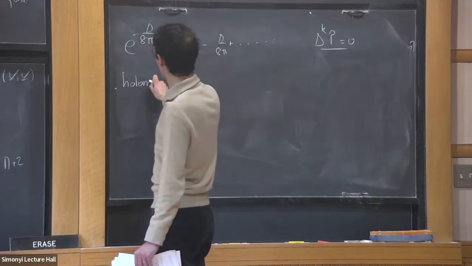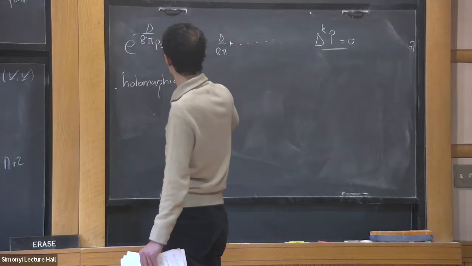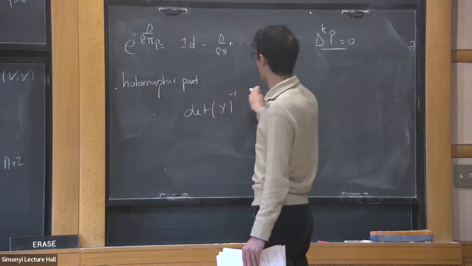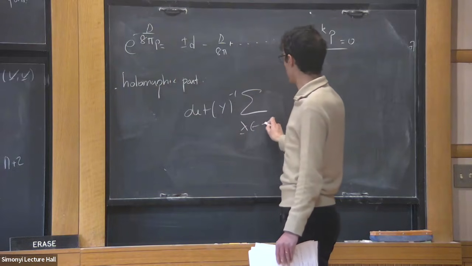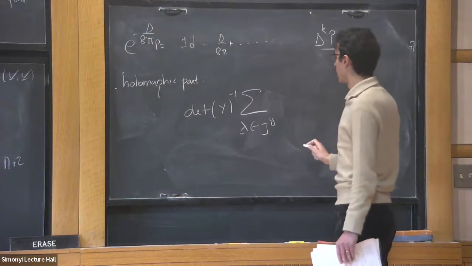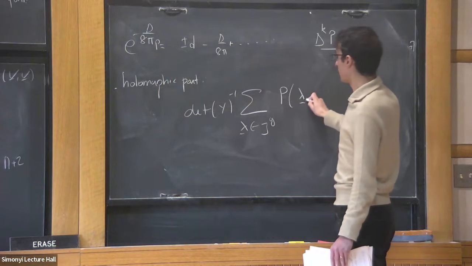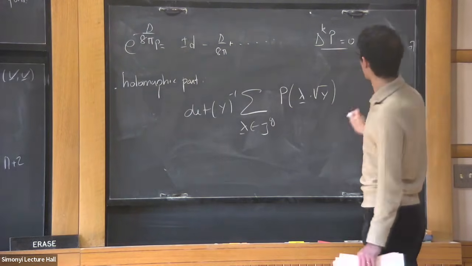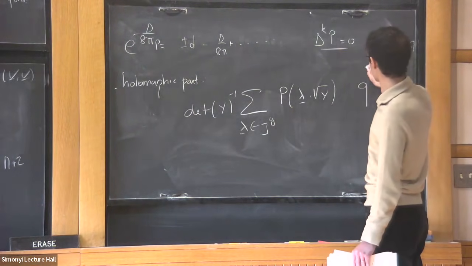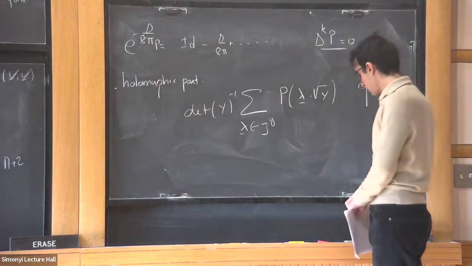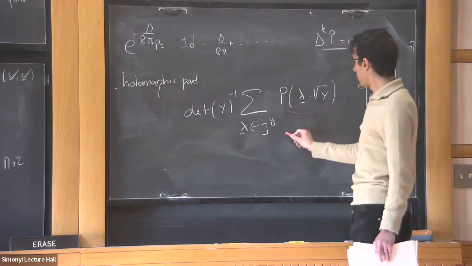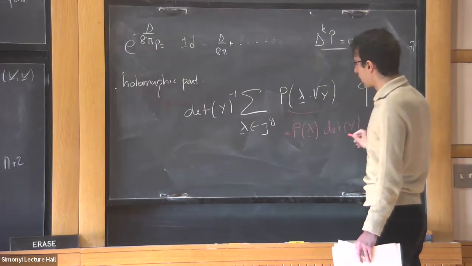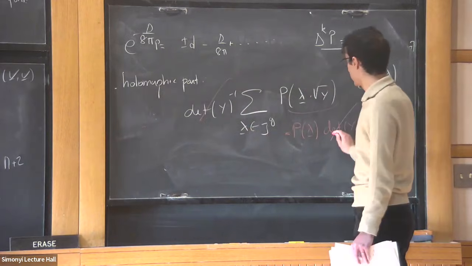So let me call it the holomorphic part: determinant of y inverse, generating series over all lambda in g to the power j, P of lambda bar square root of y acting on the right, times q to the power h of lambda bar. By the homogeneity condition, this in fact will be just P of lambda bar times the determinant of y, which simplifies with the determinant of y inverse.